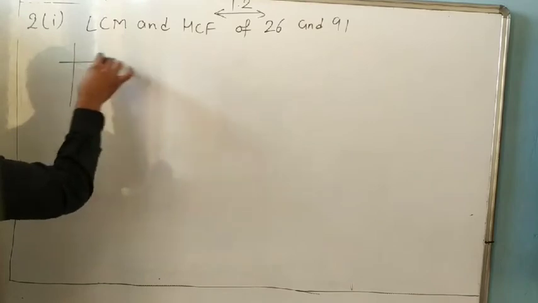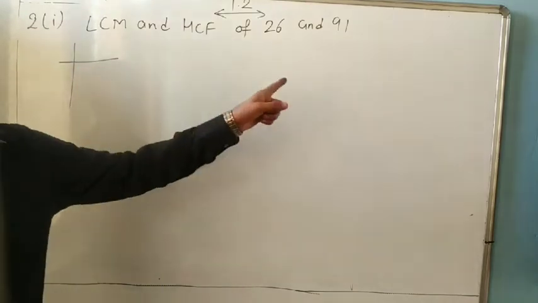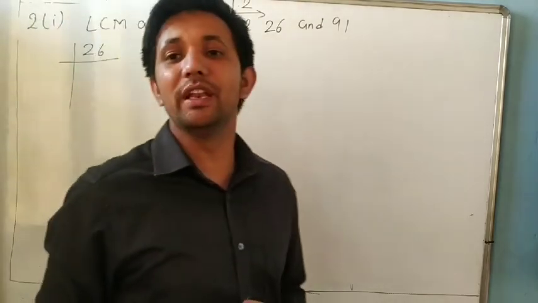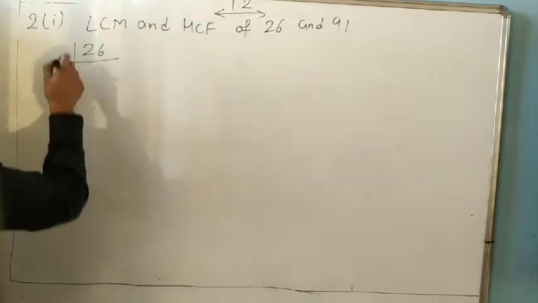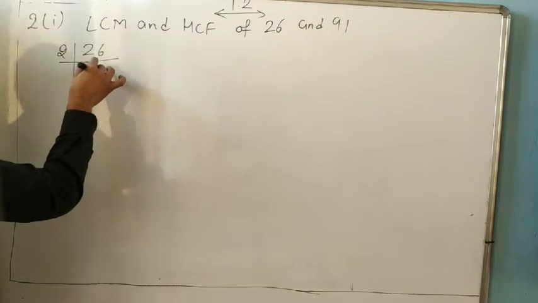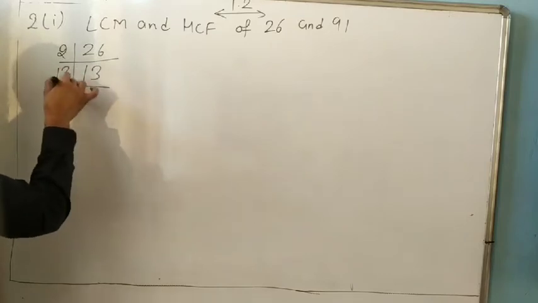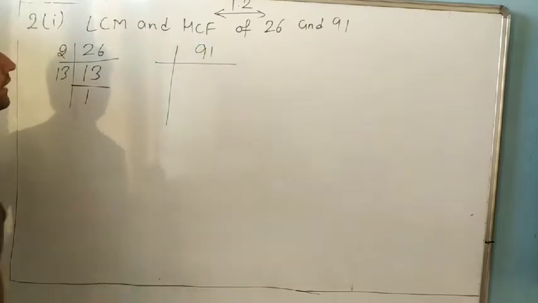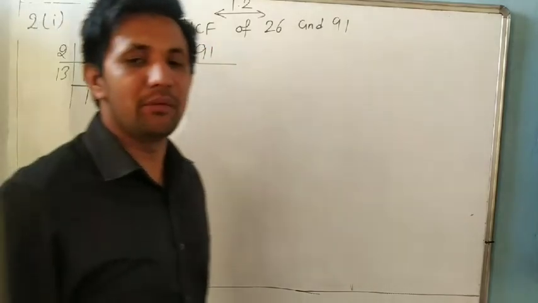So how will you find LCM and HCF? First we will take their prime factors, because for LCM and HCF we need prime factors. Can we divide 26 by 2? Yes, 13. Prime, 13 into 1. Next, 91. Can we divide by 2?